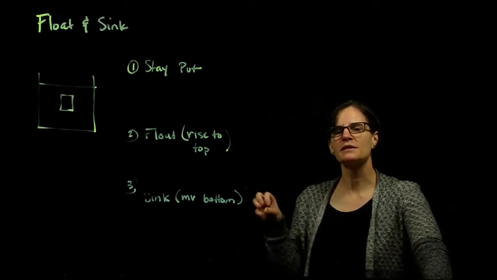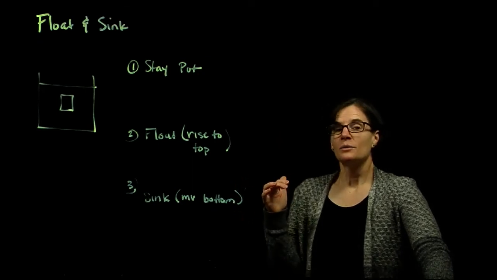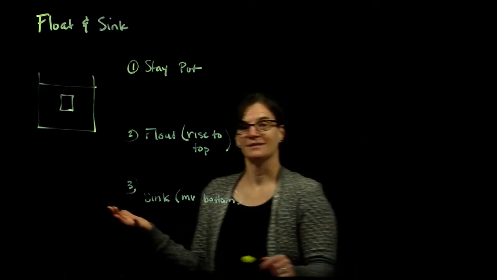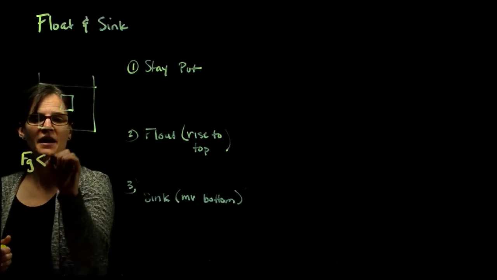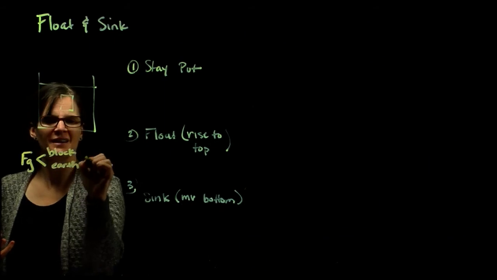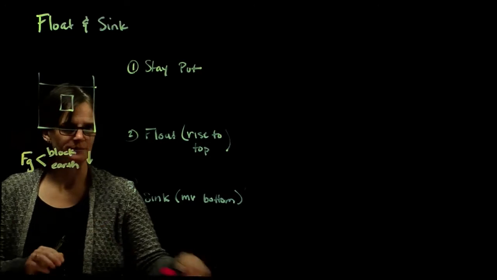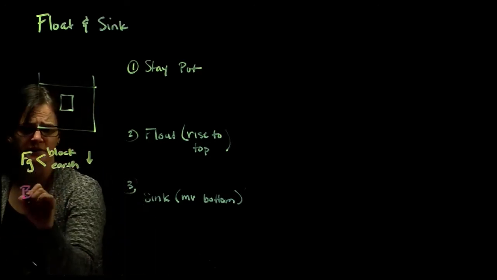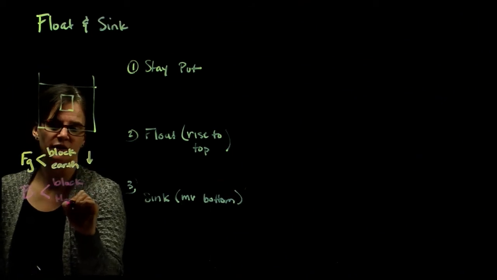So let's look at what those forces might look like in these three scenarios. We know that there are two interactions happening with this object. We have the force of gravity, and that's between, we're just going to call this a block, and the earth. We know that points in the downward direction. And we also have the buoyant force, and that's between the block and the water, or the fluid.